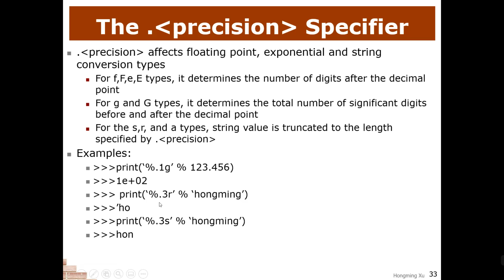If we print in this way, like part 3R, the first single quote is also printed out and counted as a character. But if we print part 3S, the first single quote is not included in the output. This is the difference I know between R and S for string formatting.